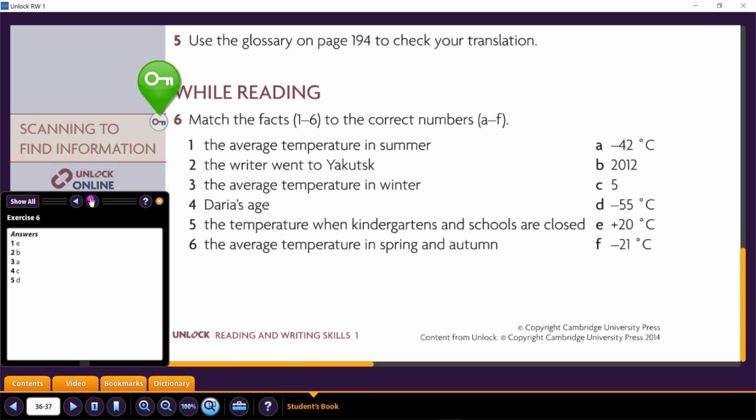What do you think? D. And finally, the average temperature in spring and autumn. 6 with F. You can, ladies, pause the video to check your answers and then come back again to see the next part.